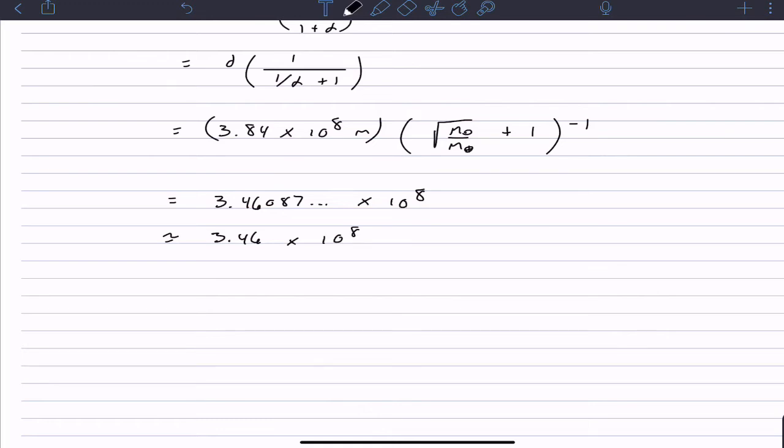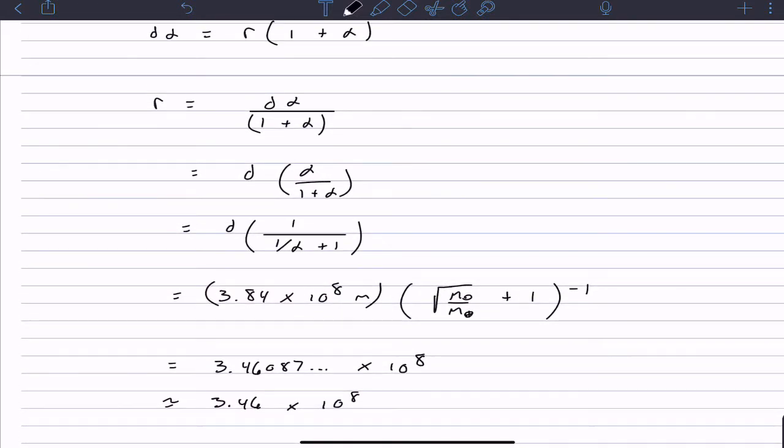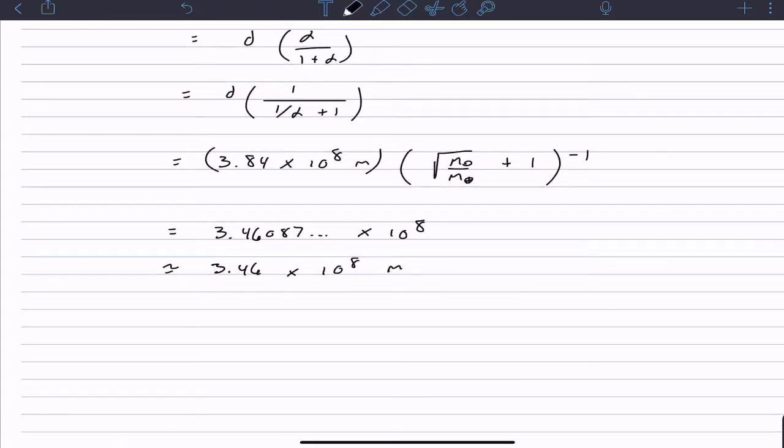And this is just in meters, because we're looking at distance. Here's meters, these cancel, yep, so we're in meters. Okay, and that's going to be the distance from Earth where the gravitational acceleration is equal to 0. And this is what's known as a Lagrange point. This is Lagrange point 1, or L1.